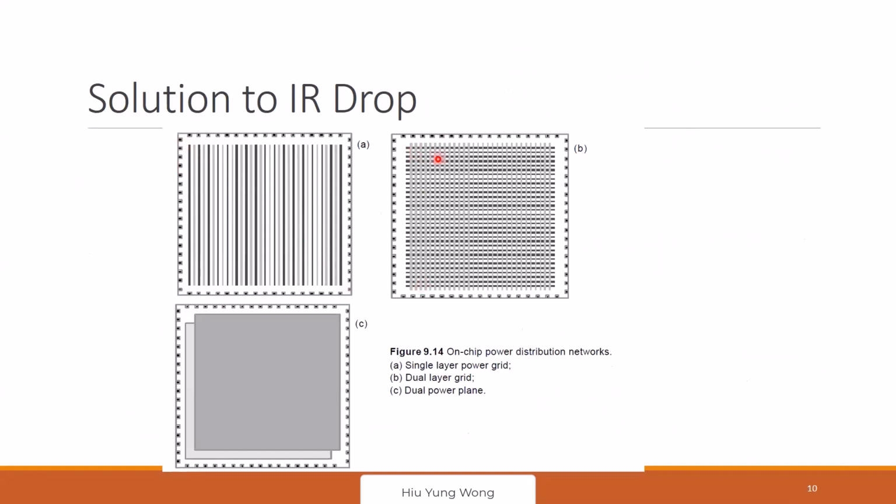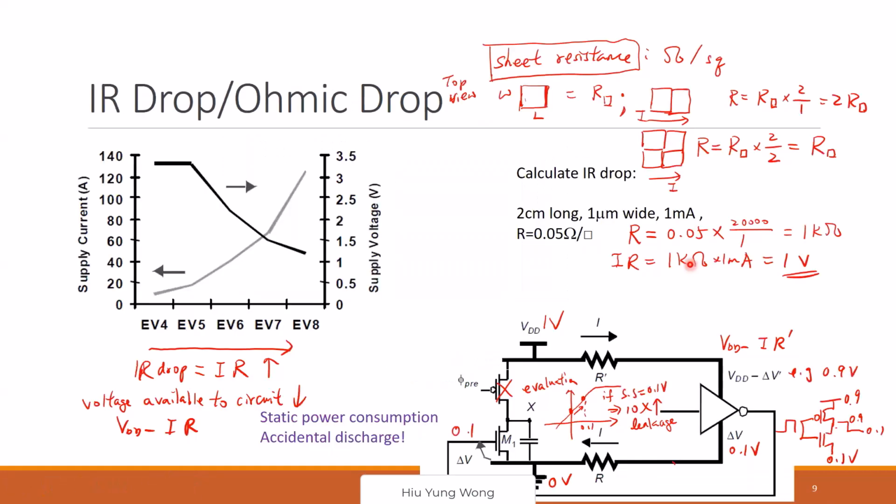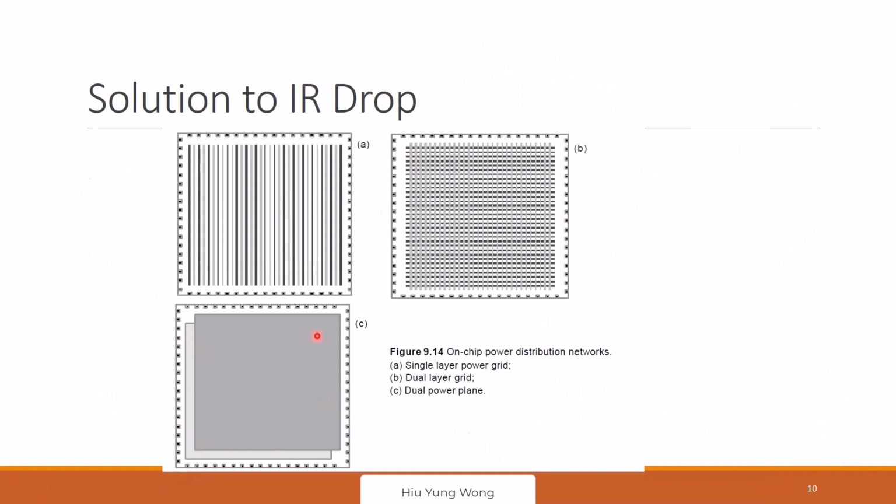Second, why don't I have all the power lines vertically and horizontally, right? Then if I am at this point, in the past, I need to wait until it drops from here. Now it will just go from here. And also I can supply from the top and bottom, right? If you have something so critical, use power plates, where the whole metal plate is a power line. This one is large because I only had 1 micron wide. Now I make it so big.